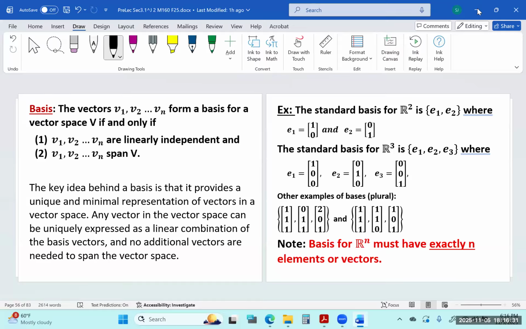If you're in R3 space, you have to have exactly three. So the number of basis vectors is exactly your space dimension. R2 needs 2, R3 needs 3, R4 needs 4. But for linear independence, it could be less, but cannot be more.